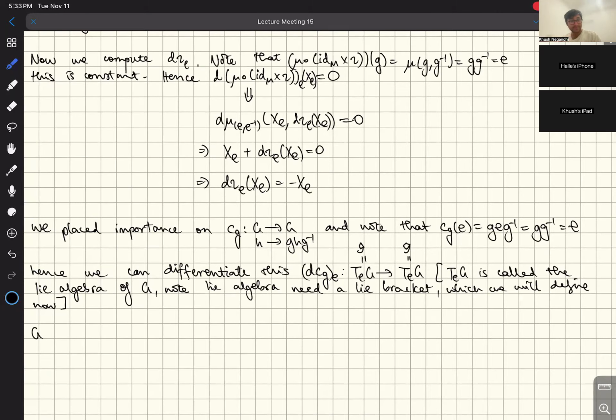It takes G and gives you the differential of conjugation at e. But this is an invertible linear map on a vector space, so we have a map from G into the general linear group of the Lie algebra.